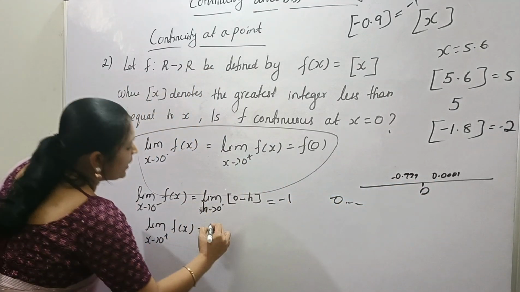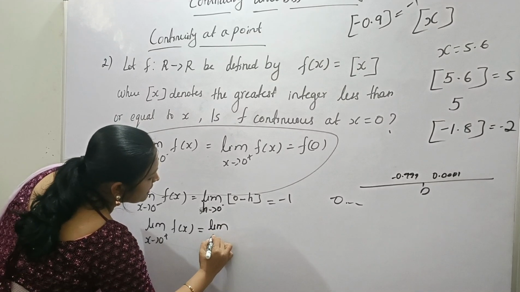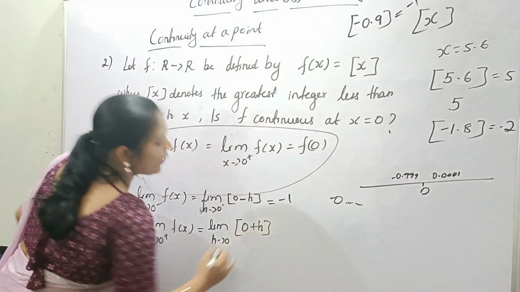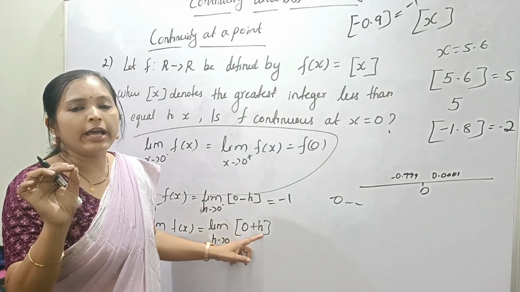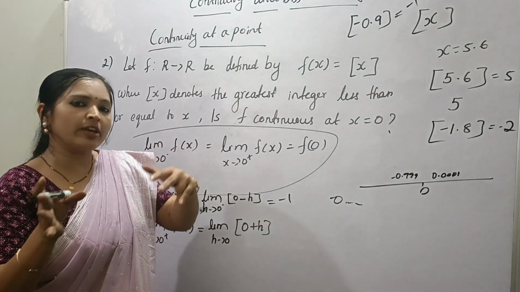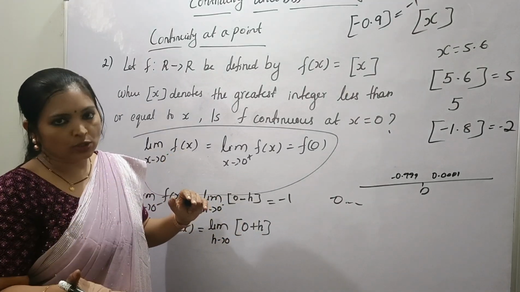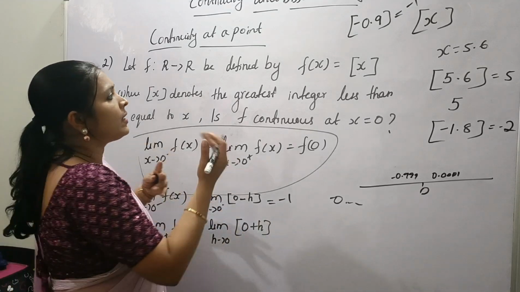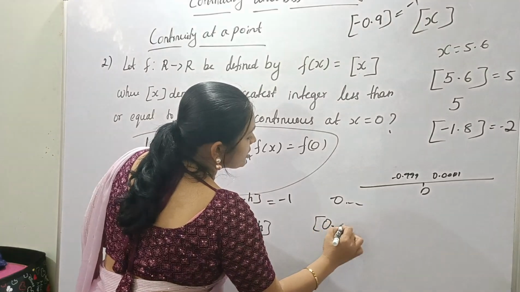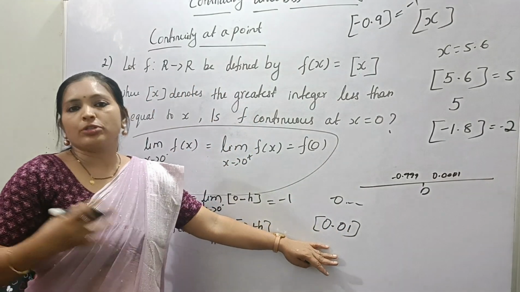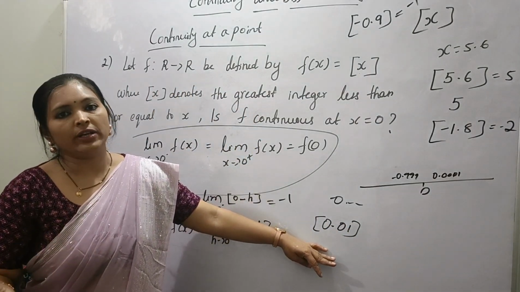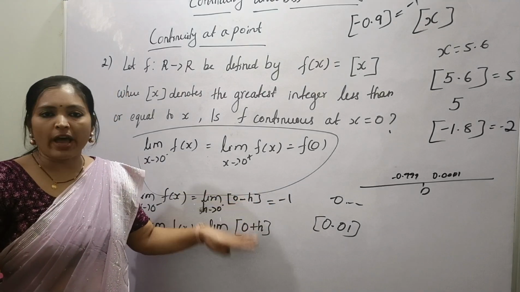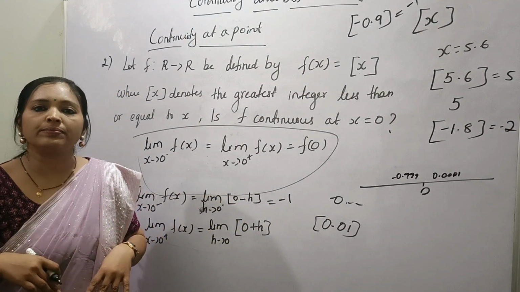So here we take limit h tends to 0 of 0 plus h, where h is a small value. It is very close to 0, right of 0, so it will be a positive value, suppose 0.01 or 0.02 or 0.001, whatever. So what is the greatest integer value of 0.001?